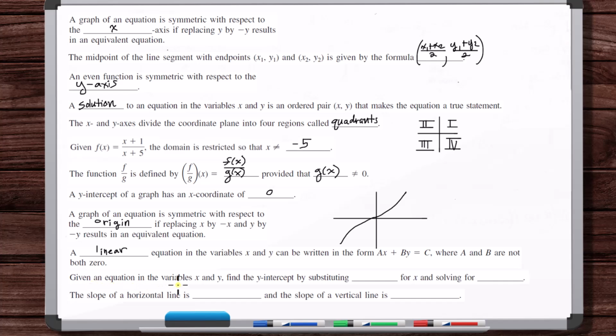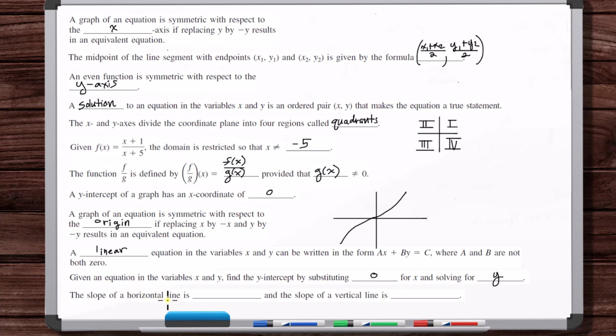Given an equation in the variables x and y, find the y-intercept by substituting 0 for x and solving for y. Because the y-intercept is where the graph intercepts the y-axis, x is going to be equal to 0. So if you set x equal to 0 and solve for y, that's the y-intercept.